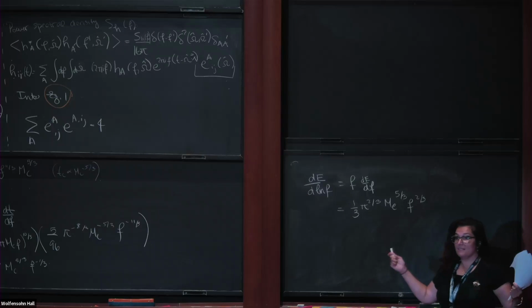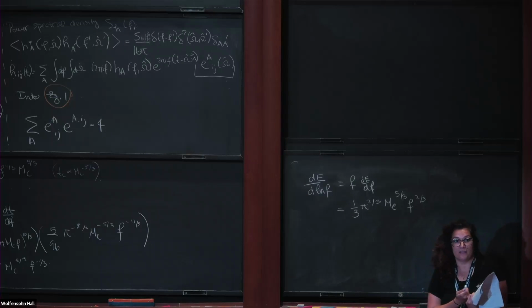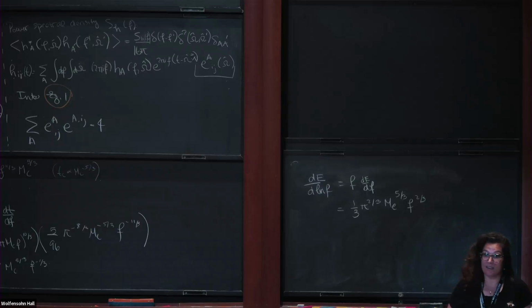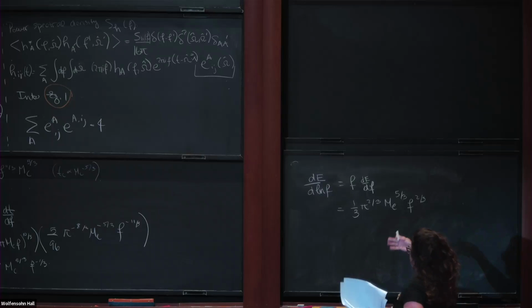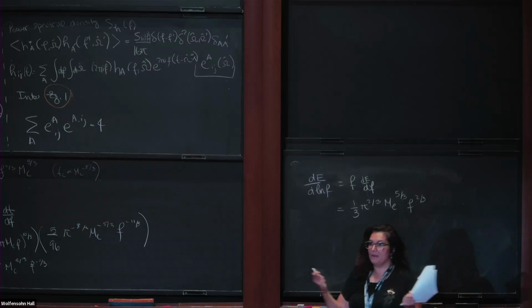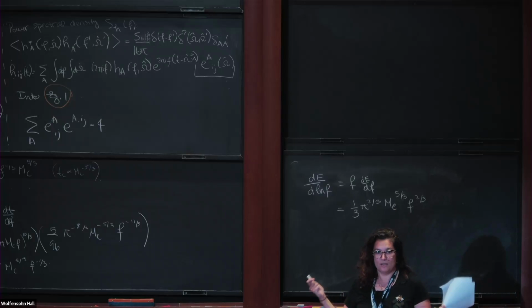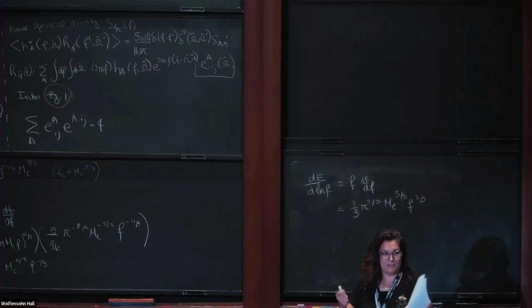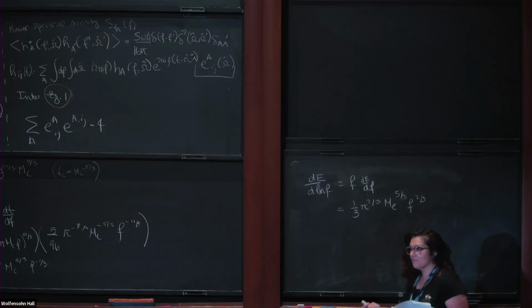So a hardening process is anything that brings your binaries close together. And that means things like interaction with gas and stars. And gas and stars are a way for the black holes to get together, right? Very similar, in a similar way to gravitational radiation. It moves the binary's semi-major axis. You can imagine there's a dA by dt, and the binaries are getting closer and closer together.